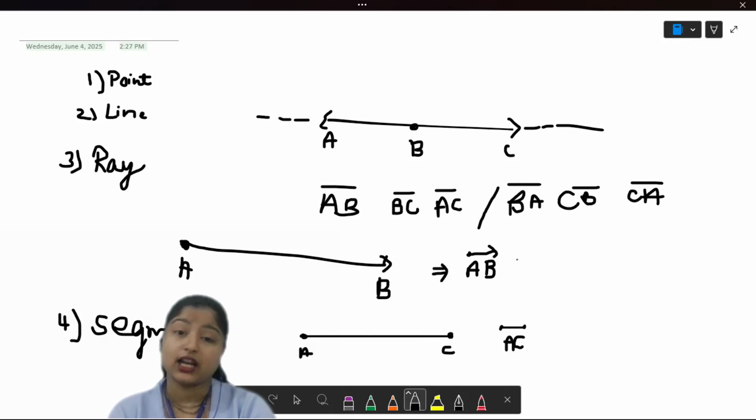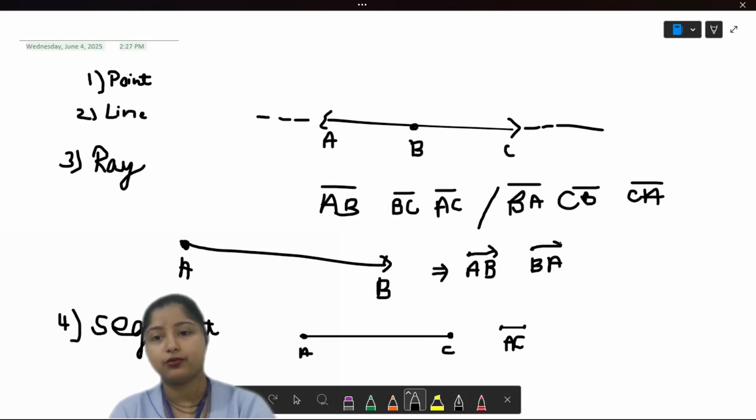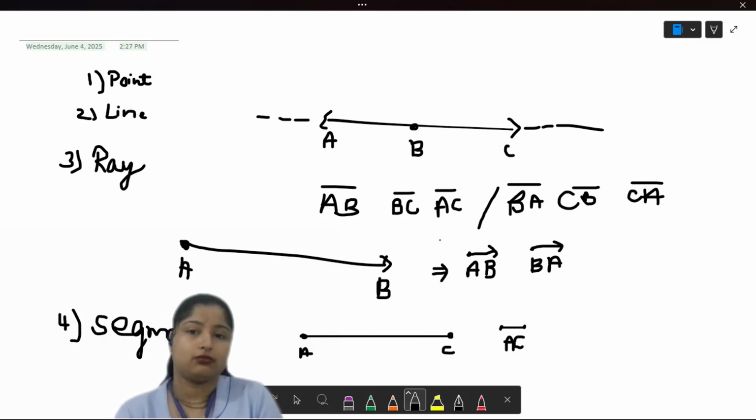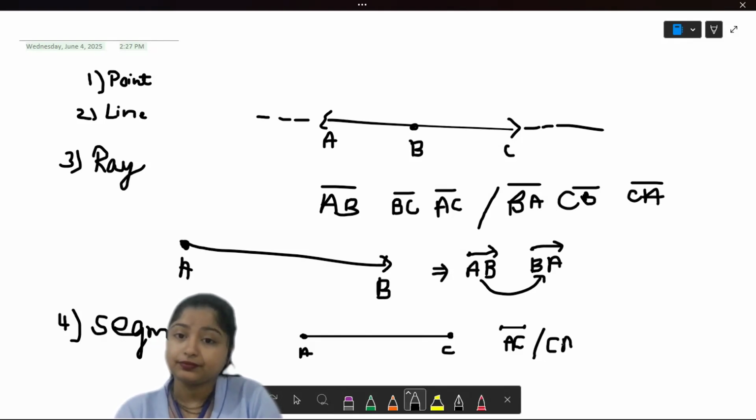For ray AB, you can write BA as well, because it doesn't matter from where you are starting; it's just showing that it's a ray. If you reverse AB, it becomes BA, so that's also true. So segment AC can also be written as CA. So this is the segment.